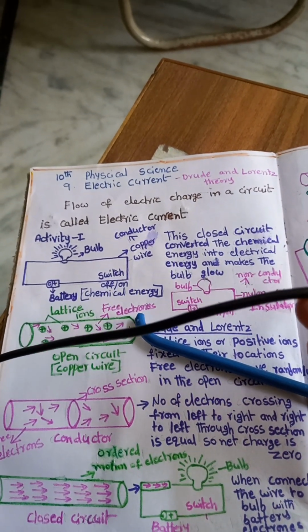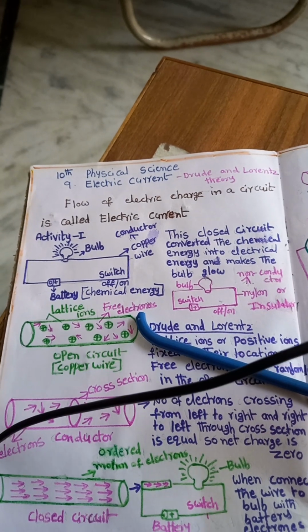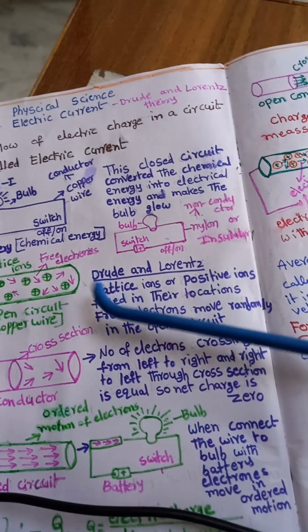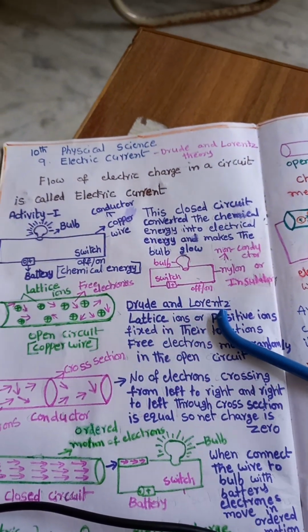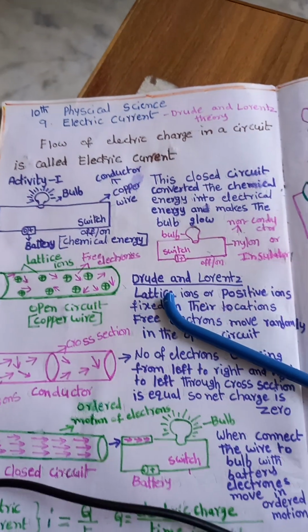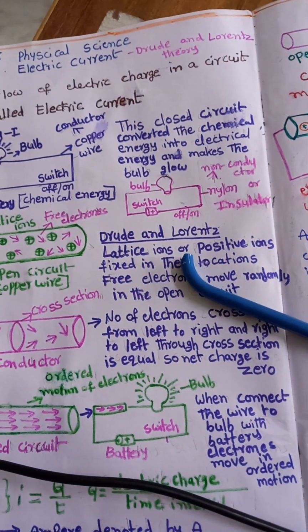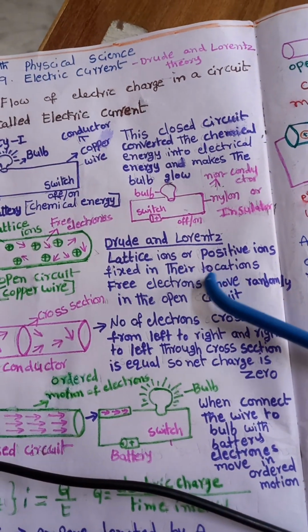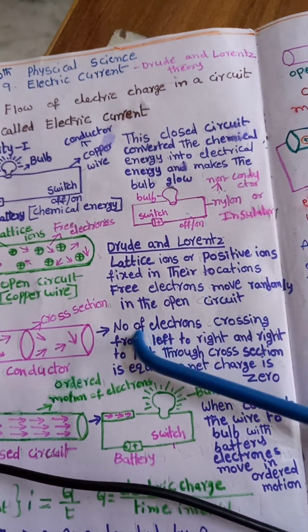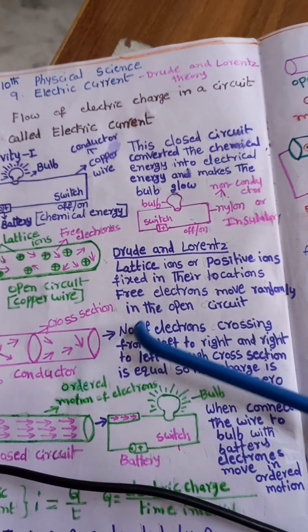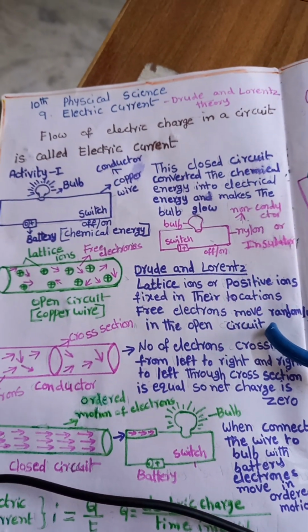In this wire, also called open circuit, the scientists Drude and Lorentz state that lattice ions are positive ions fixed in their locations, and free electrons move randomly in the open circuit.